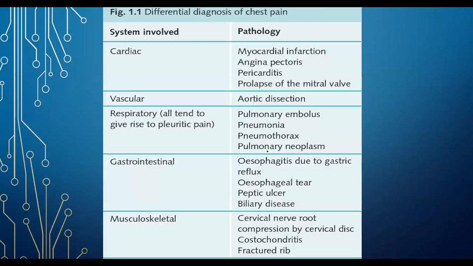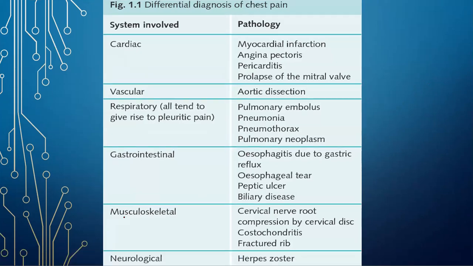We'll start with chest pain. So anytime there is a patient in the question who is coming to you with chest pain, you should always think it could be cardiac causes, respiratory causes, or gastrointestinal causes, okay? And sometimes, more commonly, it could be a musculoskeletal chest pain, or it could be neurological as well.